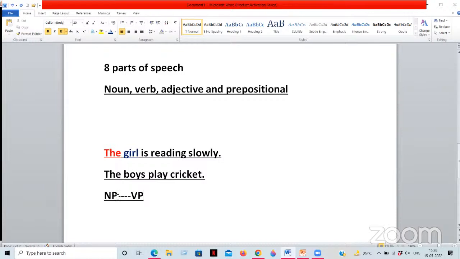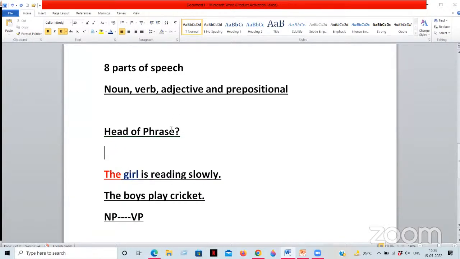Okay. And one more thing that we have to study here is how to identify which one is the noun phrase or adjective phrase, or what is the head of a phrase. Now what is the head of a phrase?